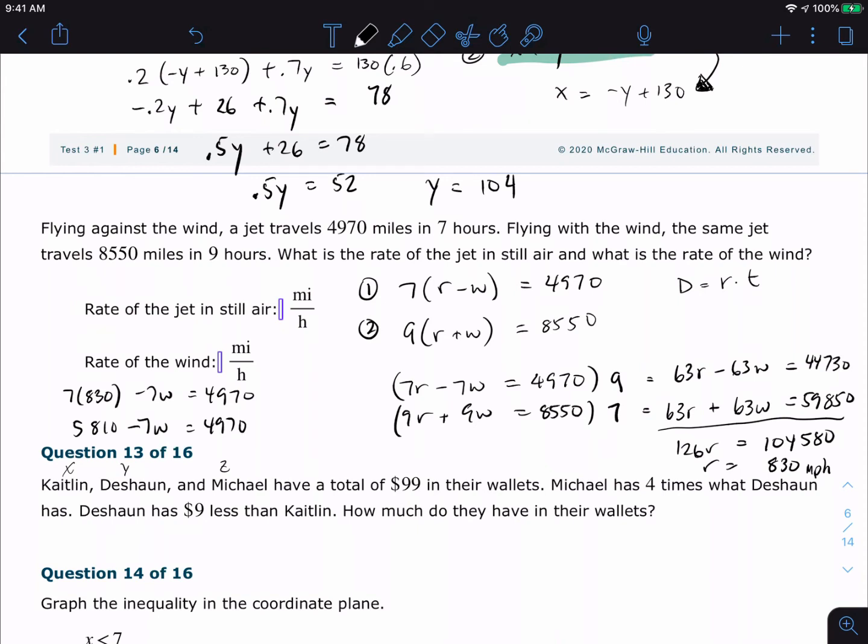So that means I got to add that to the 4970. And so I'm going to get 7W is equal to 10780, dividing by 7.